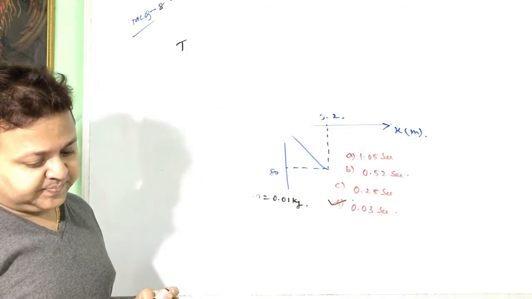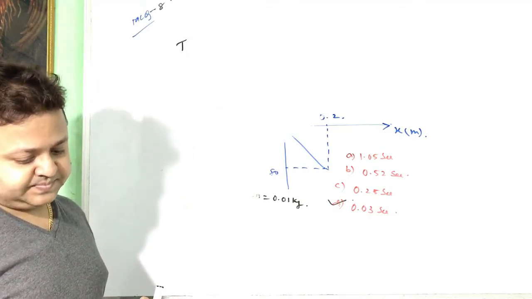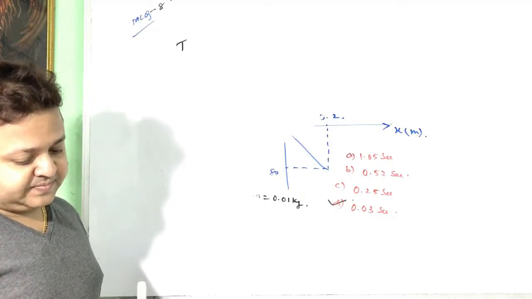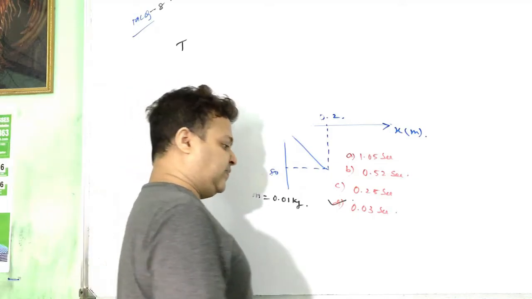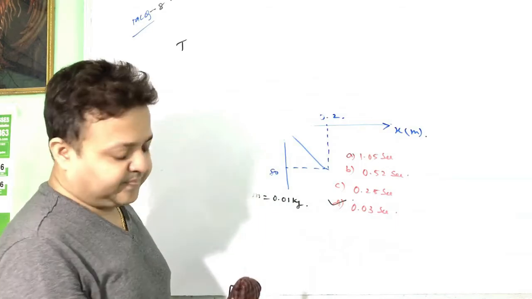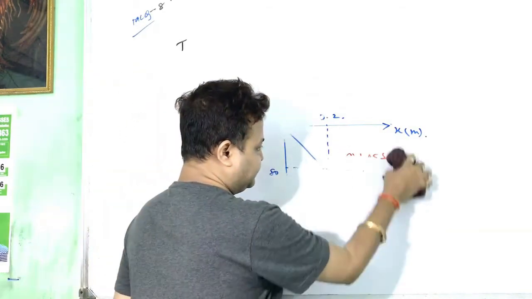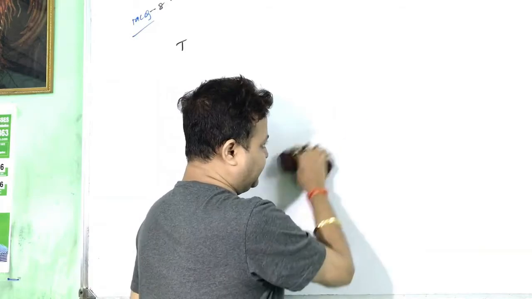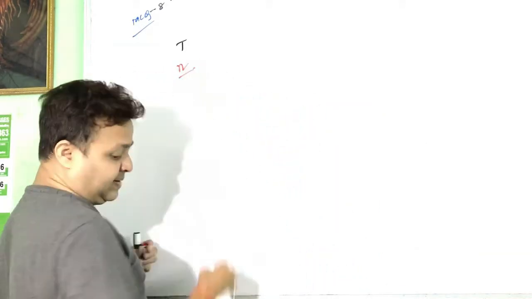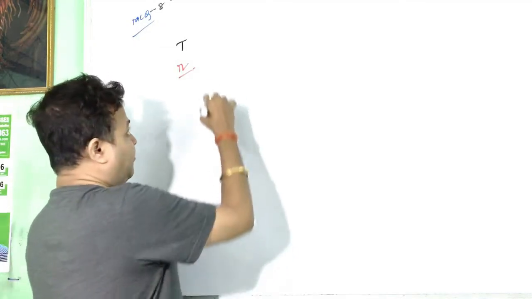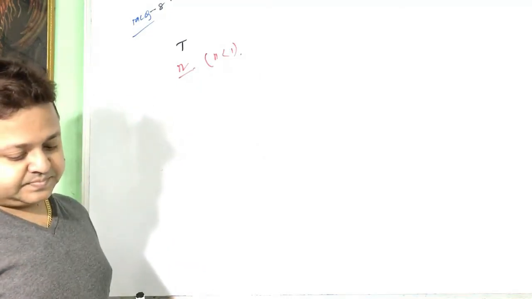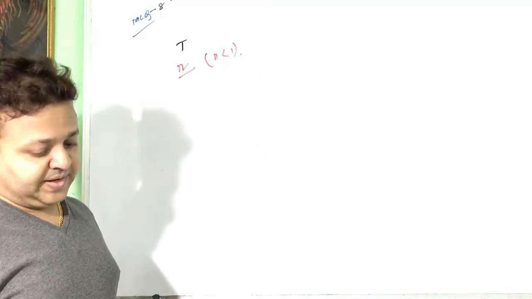If the whole system is placed in a non-viscous liquid whose density is small n times that of the material, where n is less than 1, then the new time period will be?